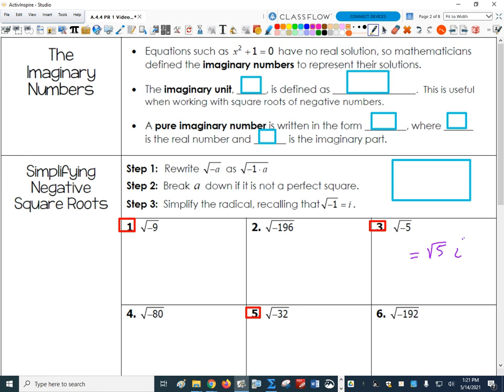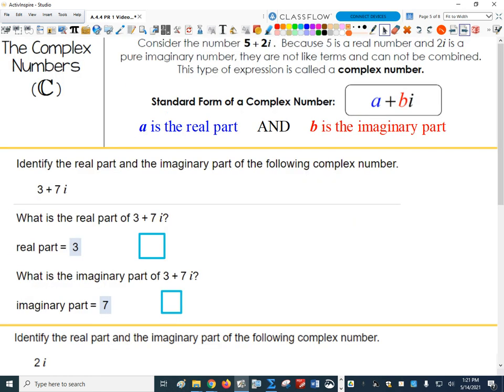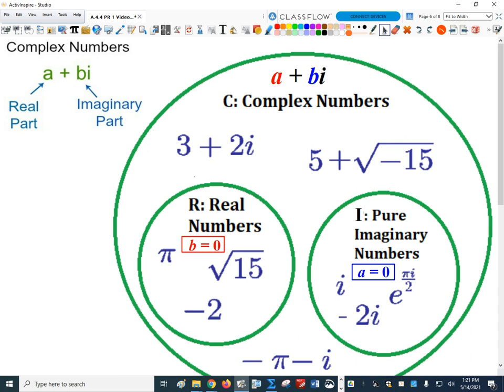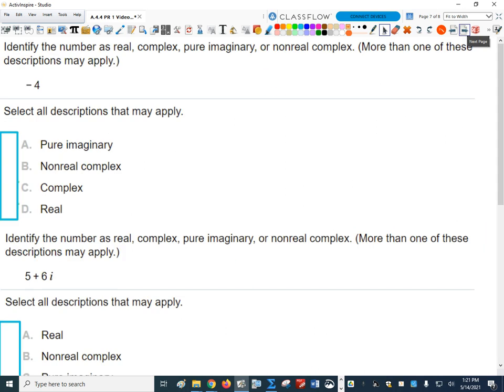Where there's no real part, we call those pure imaginary numbers, if A is equal to 0. And more generally, all of the complex numbers that have both a real part and an imaginary part are just regular old complex numbers. All right, so let's look at some examples then, and the job here for you is to identify all of the 4 sets that apply to that number.